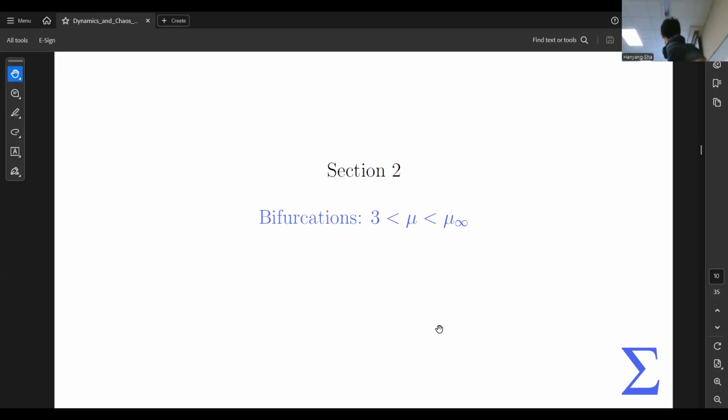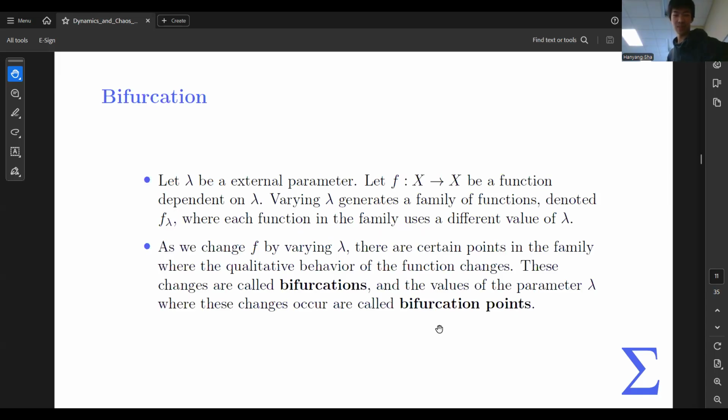Okay, so now we look at bifurcation. By the way, mu infinity is just that 3.59 something that we saw earlier. So what is a bifurcation? Lambda is an external parameter, which in our case is mu, and let f be a function that depends on lambda.